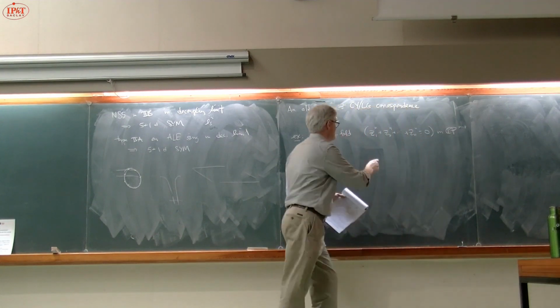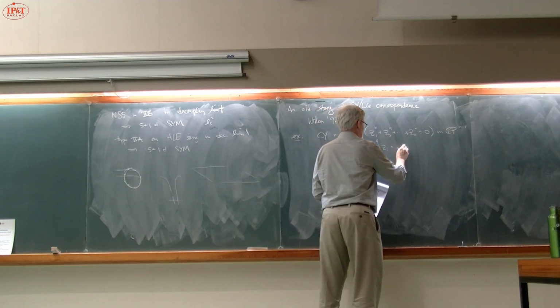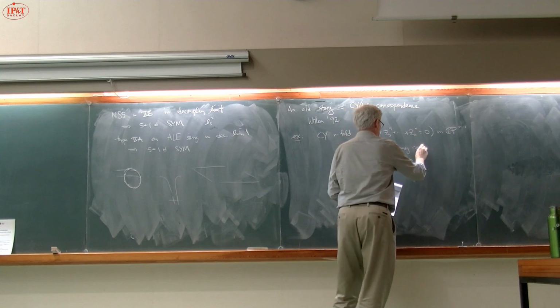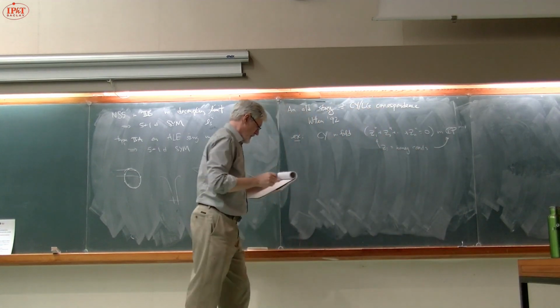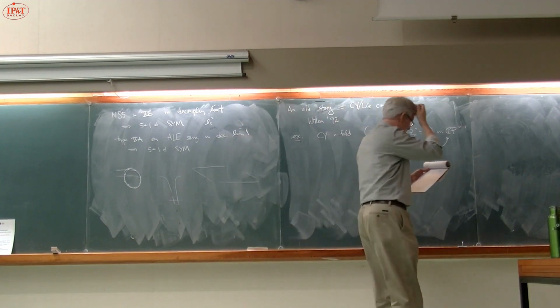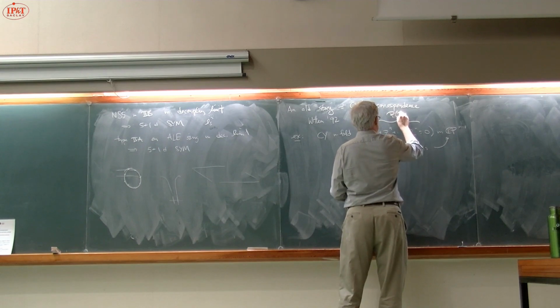And so think of these as the homogeneous coordinates on complex compact projective space. And this is some polynomial I'll call P(z).